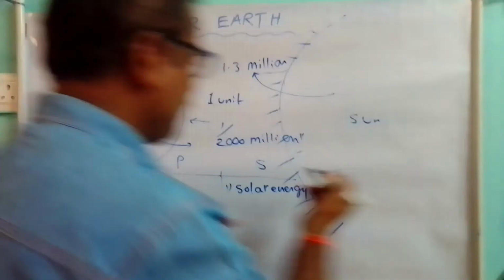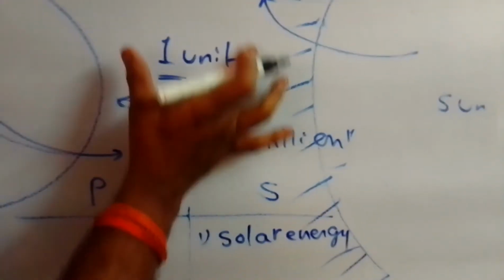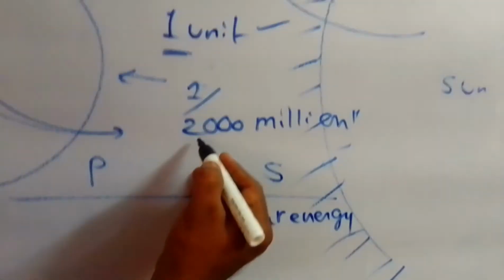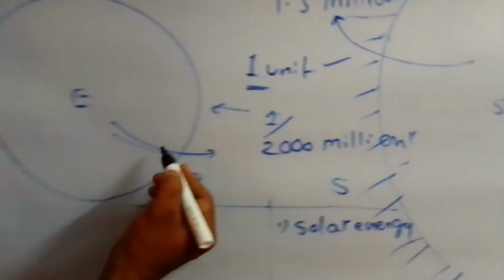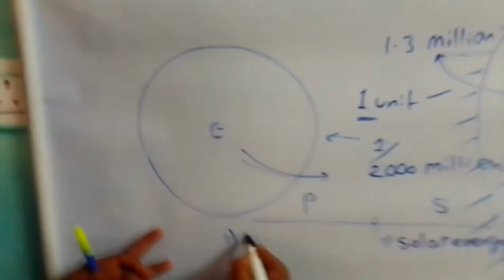And we learned already, suppose we assume the total energy released from the Sun is 1 unit, from that only 1 by 2000 millionth part is received by our Earth. So what is the energy received by our Earth called?